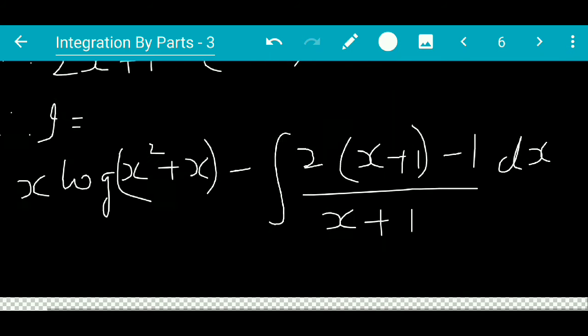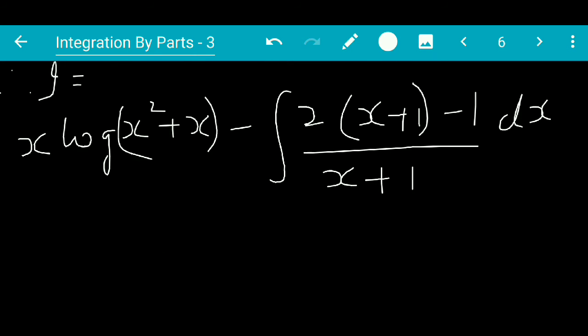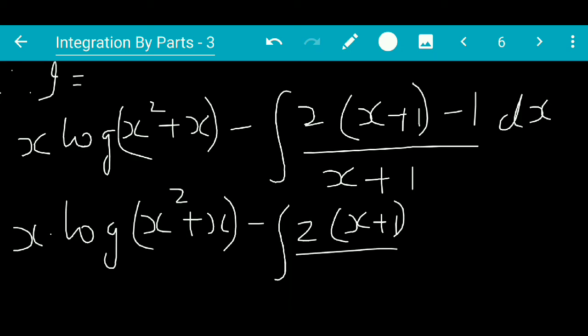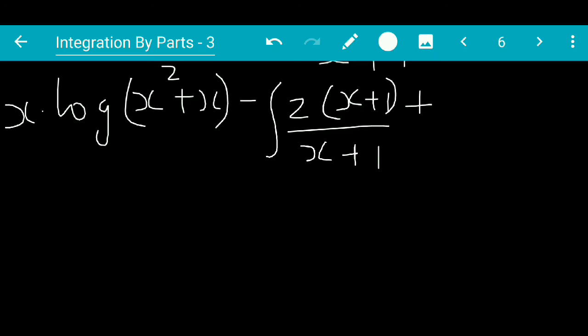And then our term becomes x into log of x square plus x minus, now we separate the integrals. So we get minus 2 times x plus 1 upon x plus 1. We separate the denominator over here. And minus into minus becomes plus the integral of 1 upon x plus 1 dx.